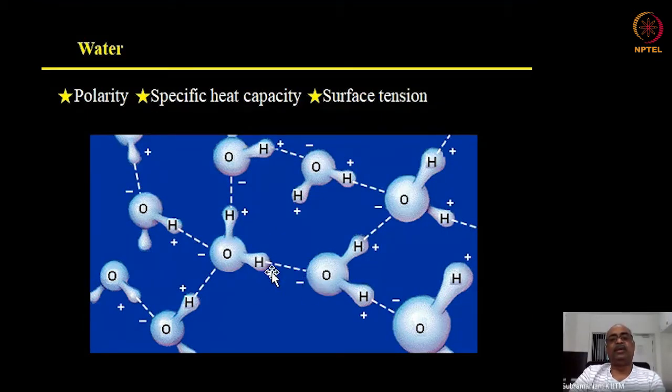So they have a weak bonding due to these partial positive and negative charges. And that bond is what we call hydrogen bonding. And this is what is crucial for all emergent properties of water, and life critically depends on that property of water. Okay, so we'll discuss this as we go along.